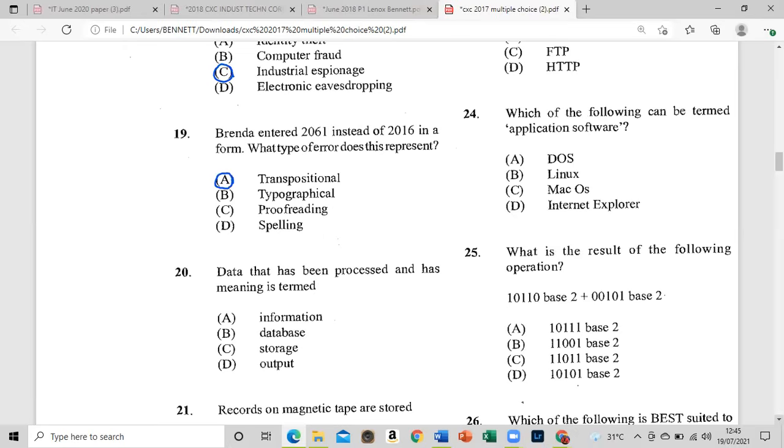Number 20, data that has been processed and has meaning is termed as, is it A, information, is it B, database, is it C, storage, or is it D, output? Now, data, once it's processed, becomes information.